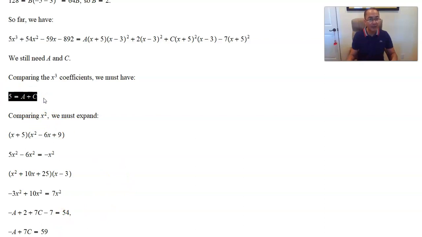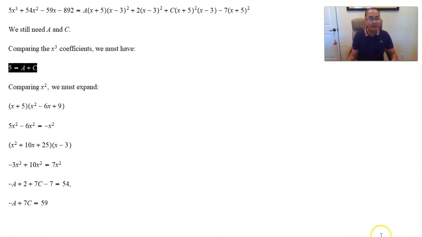Okay, so what are we gonna get? We also have a plus c equals 5 from our previous equation.